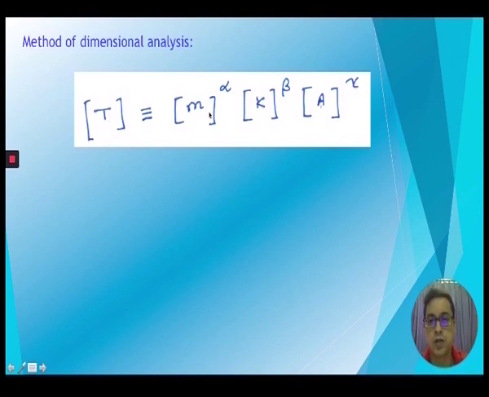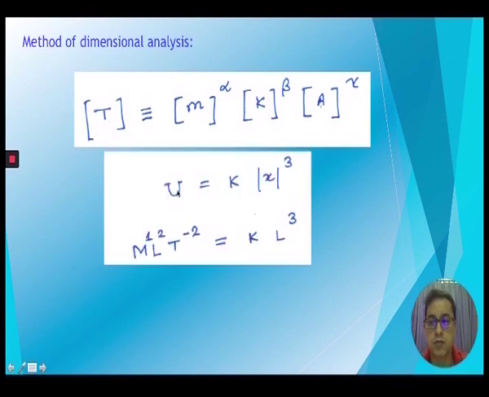So let me say m is raised to the power alpha, k is raised to beta, and a to gamma. And from this potential energy expression, the energy has this dimension.